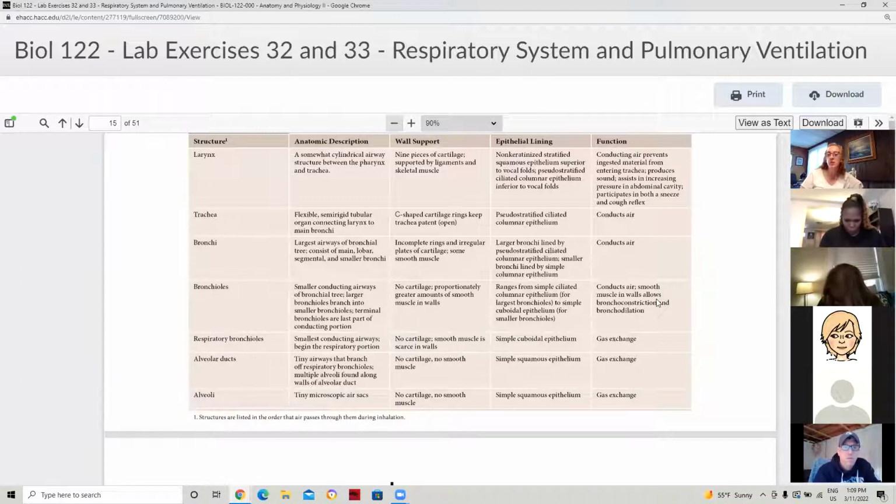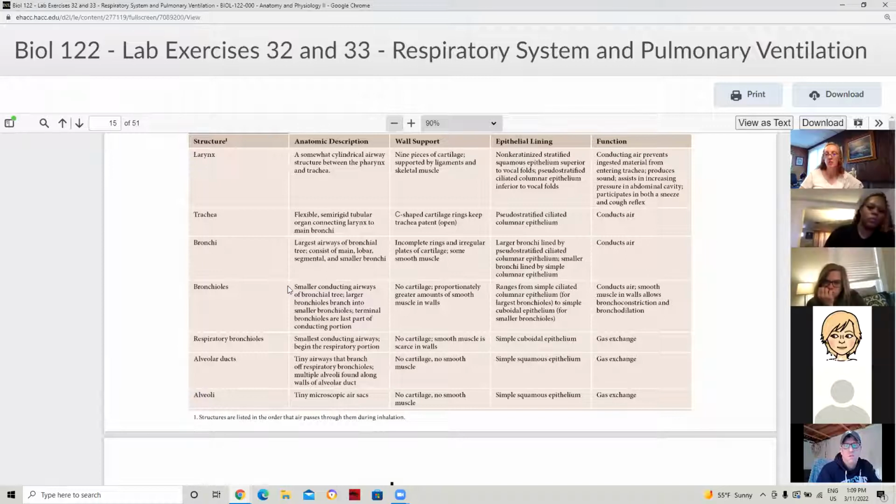So smooth muscle in the walls is going to allow for bronchoconstriction and bronchodilation. If you have cartilage in your bronchi, you can't constrict, right? Bronchodilation and bronchoconstriction are not going to happen if you have cartilage holding your bronchi open.